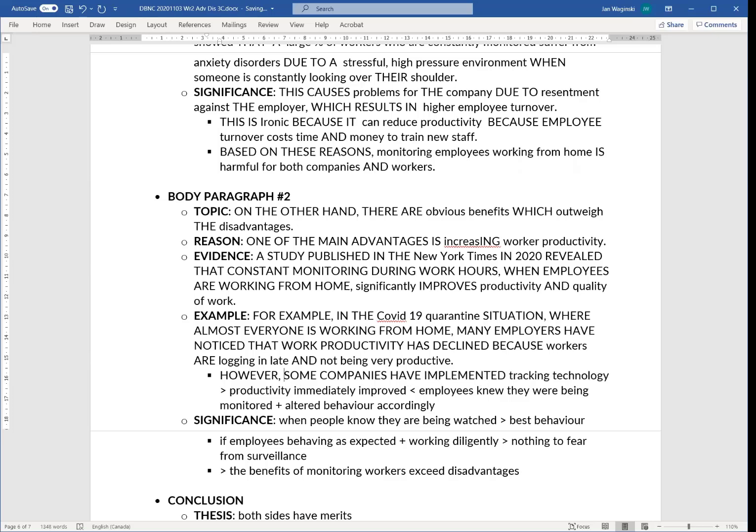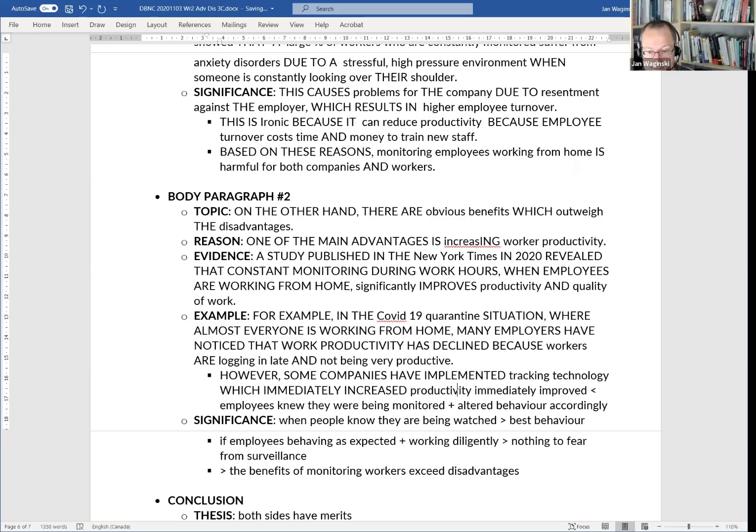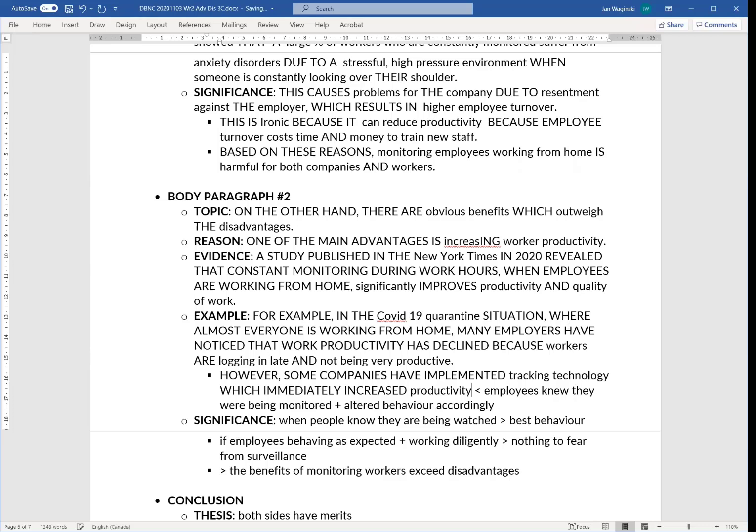Sorry, however, some companies have implemented tracking technology which dramatically increased productivity, or immediately increased productivity. Why? This is because employees knew that they were being monitored and they altered their behavior accordingly.